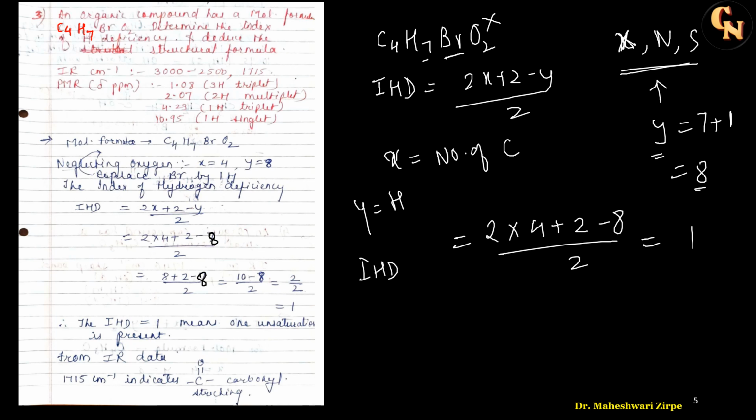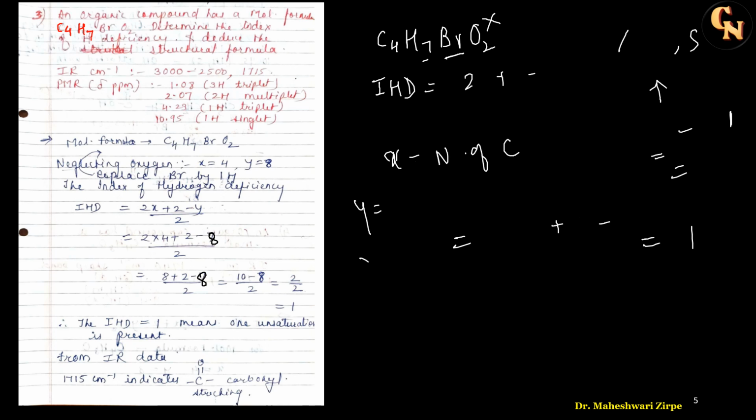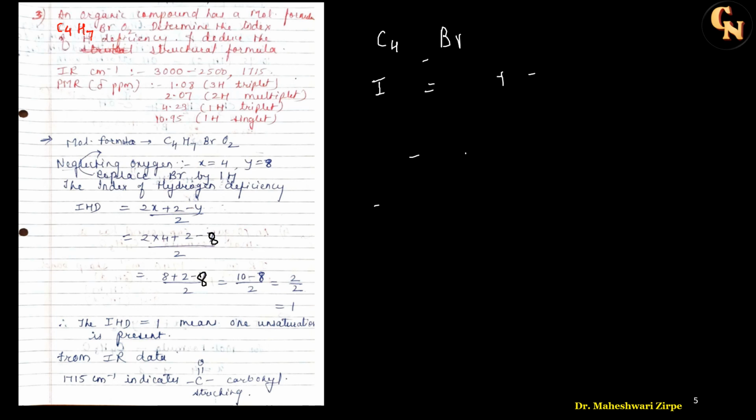What does 1 indicate? 1 indicates that there is only one unsaturation present in the compound. One unsaturation indicates that one double bond is present in your compound, or one ring may be present. Either one ring or one double bond may be present in the given compound.